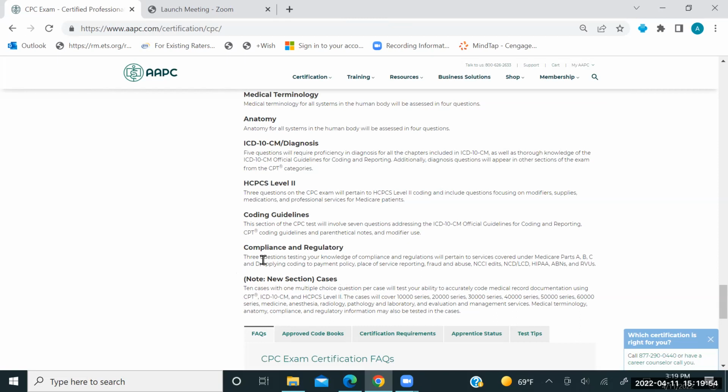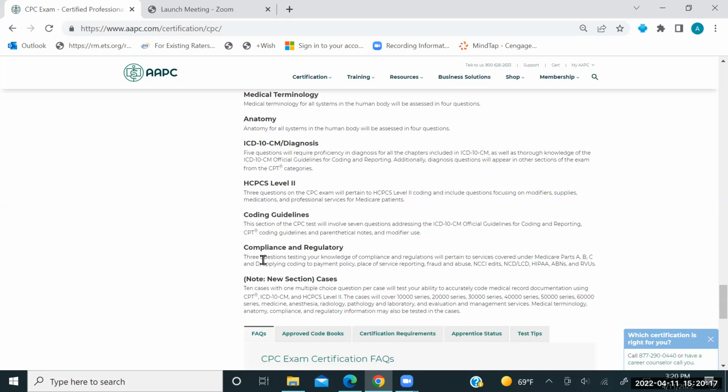Compliance and regulatory. This section covers all of that stuff from the very beginning of coding, your very first introduction to coding. Anytime we are talking about fraud, abuse, HIPAA, who publishes the CPT? That was a question on my national exam.